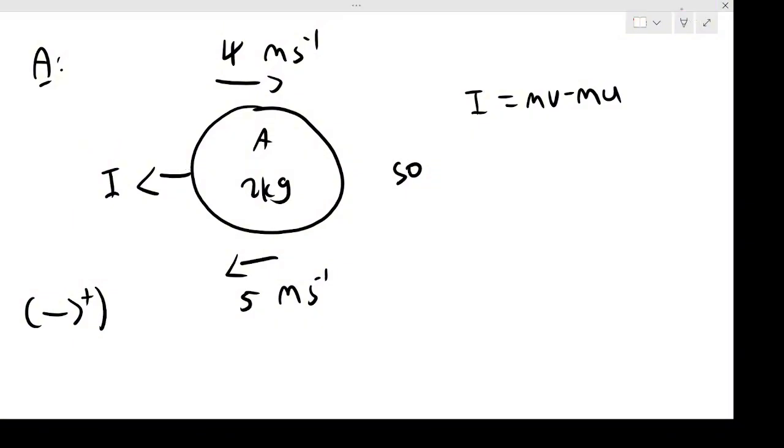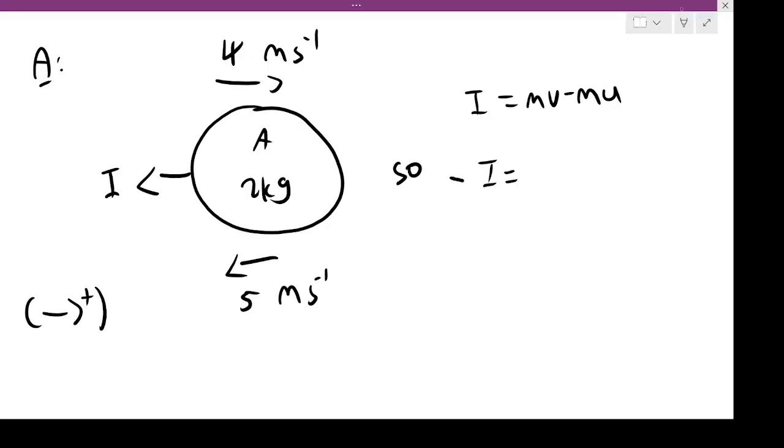So it has to be minus I to account for the negative direction. And so minus I is going to be the mass, which is 2 lots of the final speed, which would be minus 5, because that's going in the negative direction. And then take away 2 lots of 4. And there we are. Hopefully happy with all the negatives.